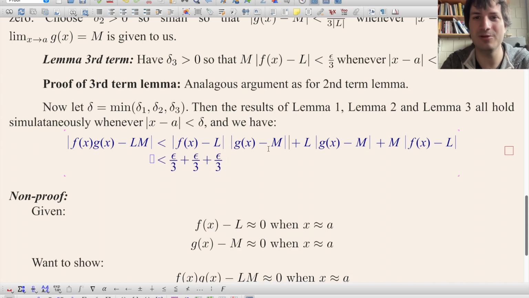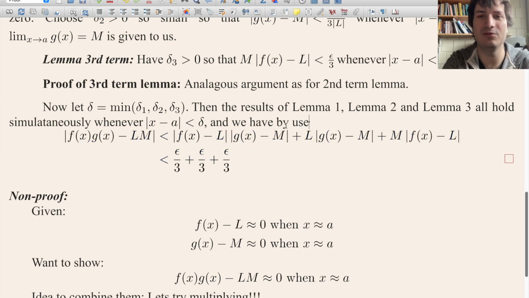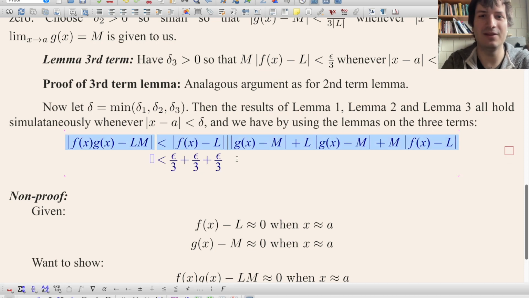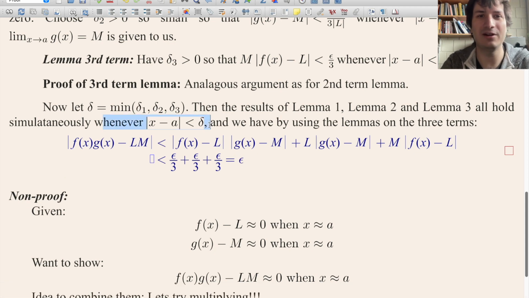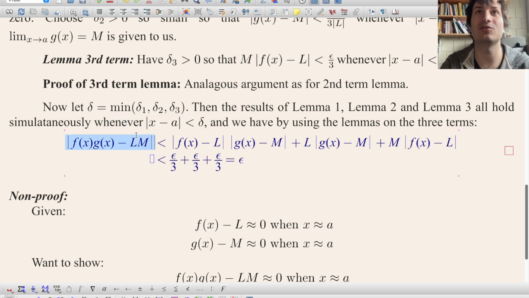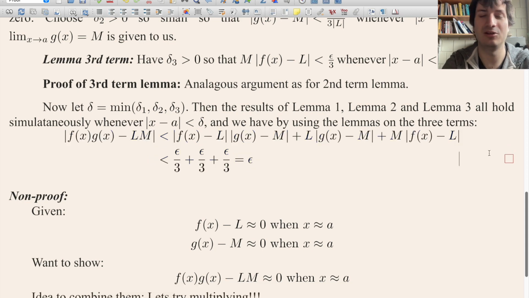So we have the 3 terms. Each term is bounded by epsilon by 3 by using the lemmas on the 3 terms. And this is equal to epsilon. So whenever x minus a is less than delta, this thing that we're looking for is less than epsilon.